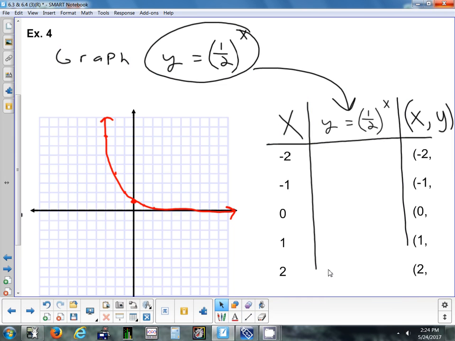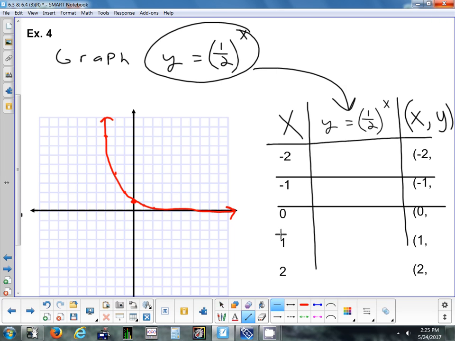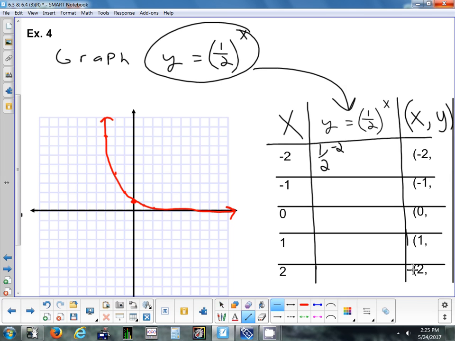Okay? So, when I plug in for my first, set up my first function, what's it going to be? Ashley? y equals (1/2) to the -2, with 1/2 as the base and -2 as the exponent. Then since it's a negative, you gotta flip it, so the 2 would be at the top and the 1 is.